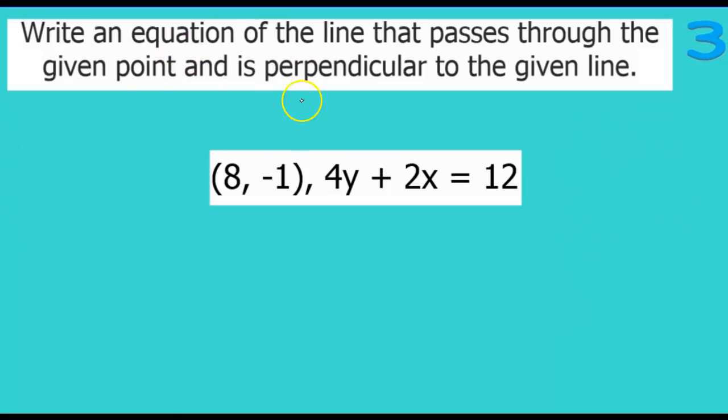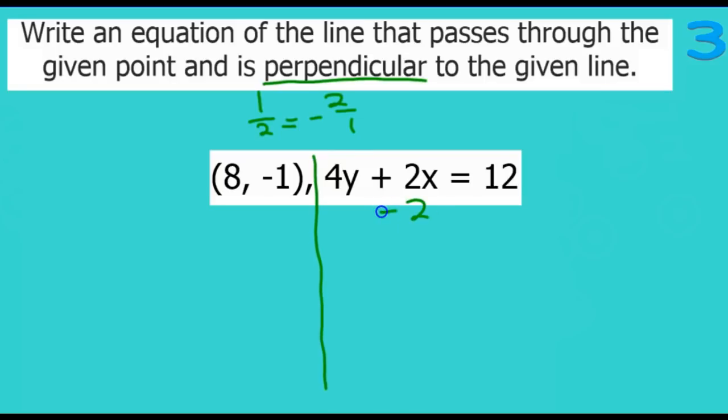Alright, this one says, write an equation of the line that passes through the given point and is perpendicular to the given line. Now remember, a perpendicular slope is an opposite reciprocal, so if I had 1 over 2, the opposite would be a negative 2 over 1. So we need to get this in slope-intercept form.